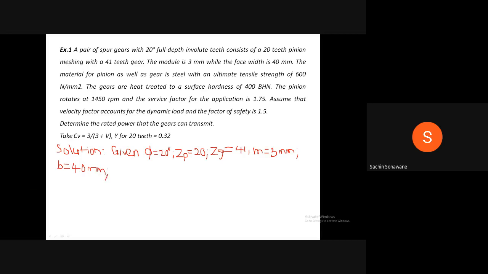Next, they have given us that ultimate tensile strength is 600 Newton per mm square. Therefore, value of SUT they have given. SUT is equal to 600 Newton per mm square.